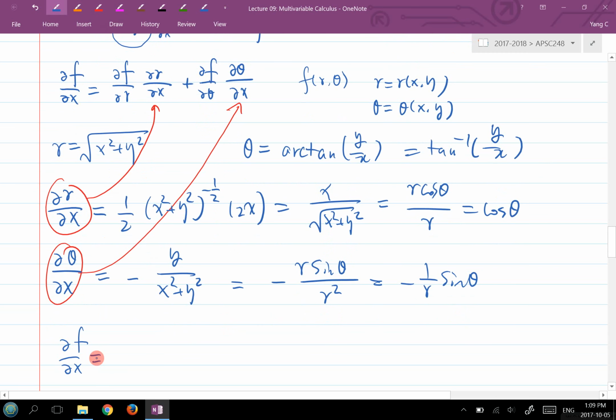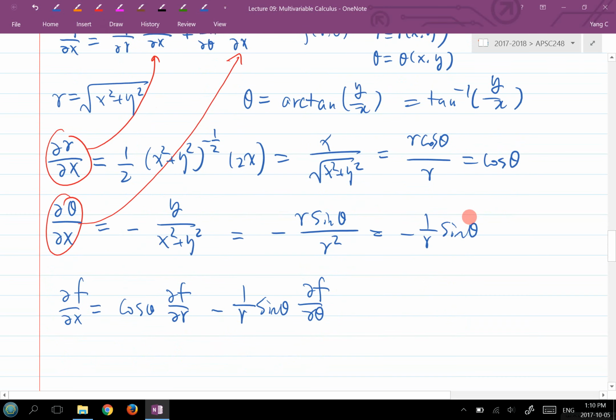So that's cosine theta times partial f over partial r, plus, well, this is minus now, minus 1 over r sine theta times partial f over partial theta. So that's your partial f over partial x. Good?